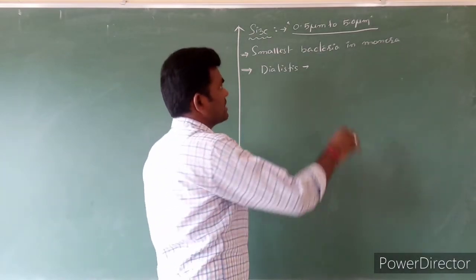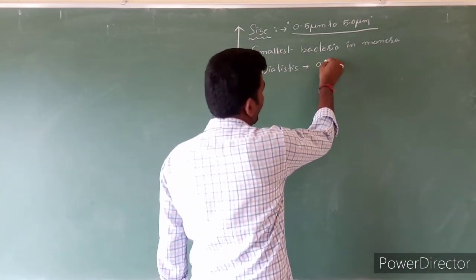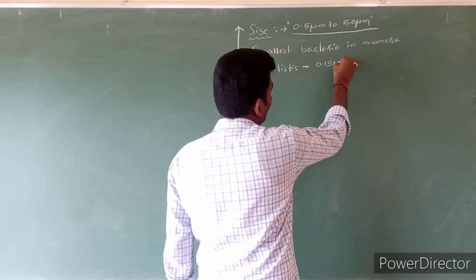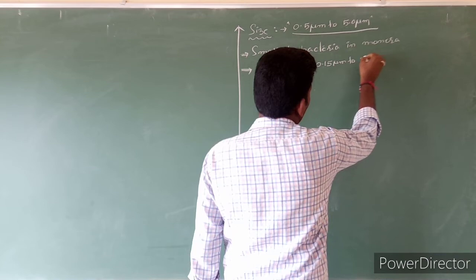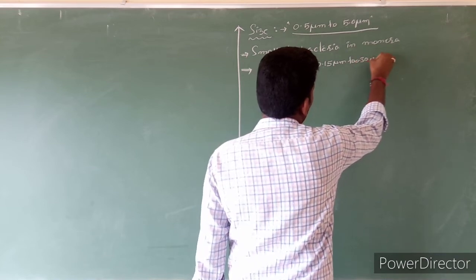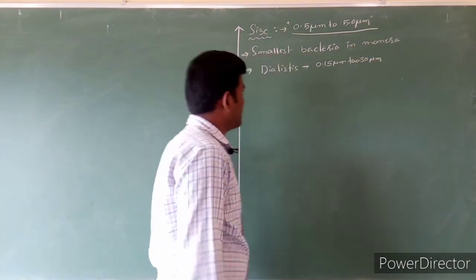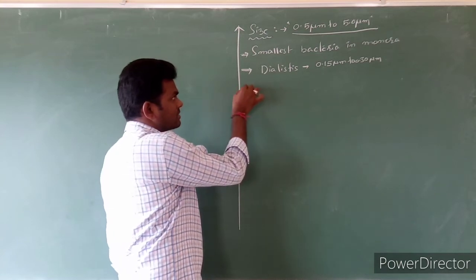The average size is 0.15 micrometer to 0.30 micrometer. Next, one more bacteria is there.